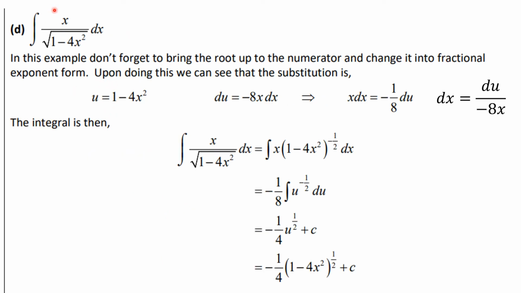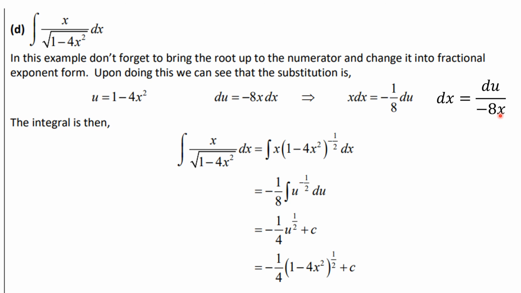One more problem, this one. Here I let u = 1 − 4x². That means that du = −8x dx. That means that dx = du/(−8x). Notice that the x's will cancel when I substitute that in.